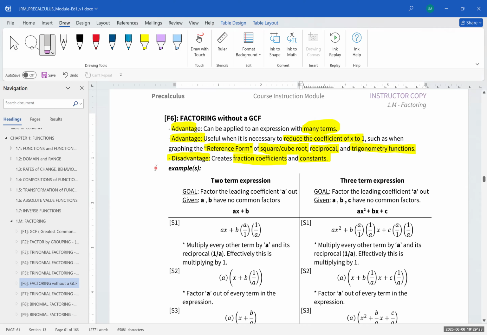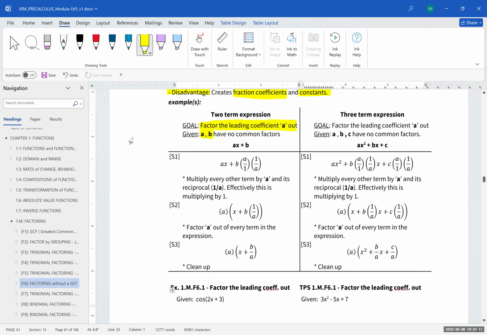The goal is to be able to factor the leading coefficient out, given that the coefficients of the other terms have no common factors. So the first step, given this expression, we want to factor an a out of this. But b has no factors in common with a.